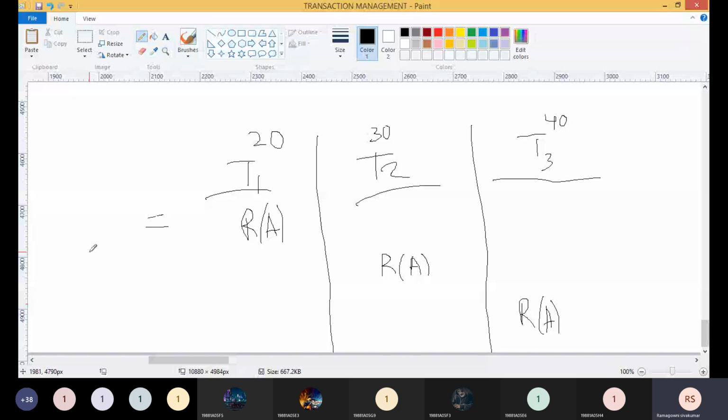Now we are performing a read operation, right? Read timestamp of a data item value. What is the value here? Yes, all of you. If you tell me, then we can go ahead. Otherwise, we'll stop here till you understand.